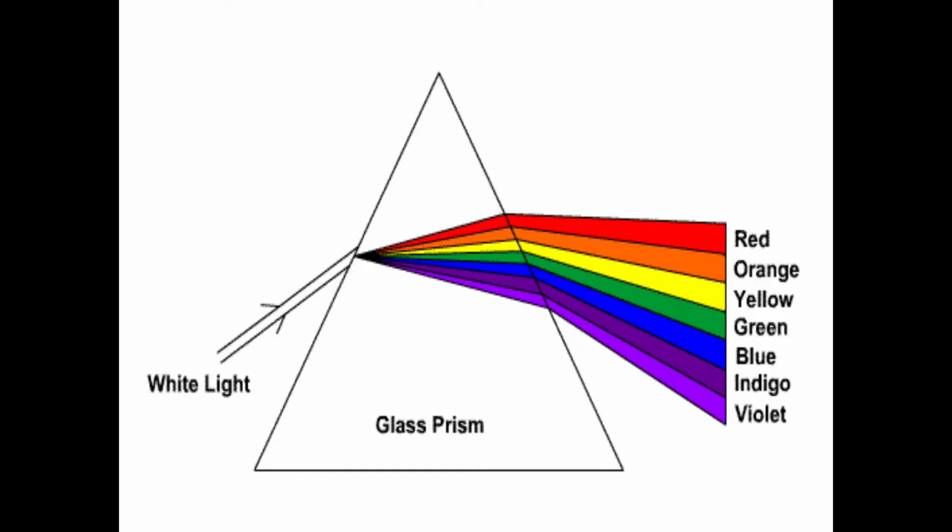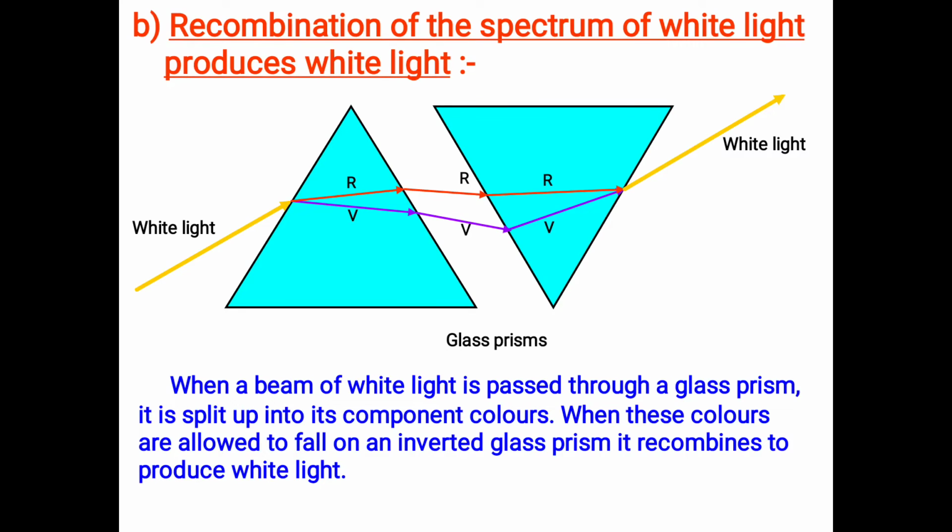But suppose I combine two prisms as shown in the figure. When a beam of white light passes through a glass prism, it bends by different amounts for different wavelengths, with the highest bending for violet and the least bending for red.